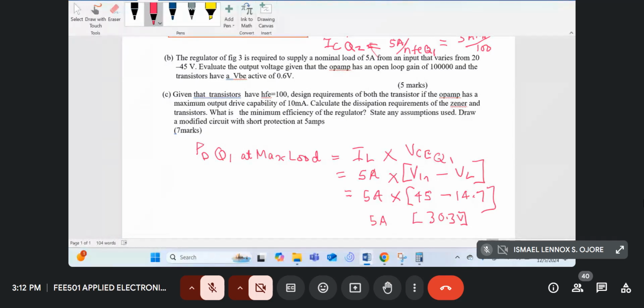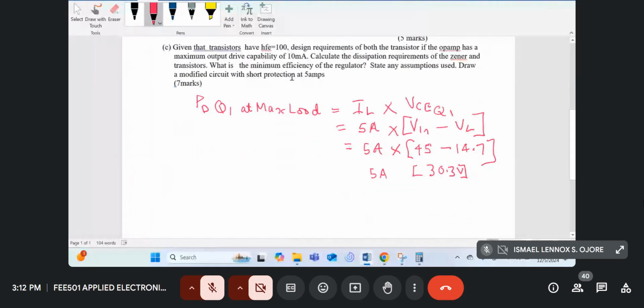So this is 151.5 watts. So since this is a theoretical problem, that's the solution.